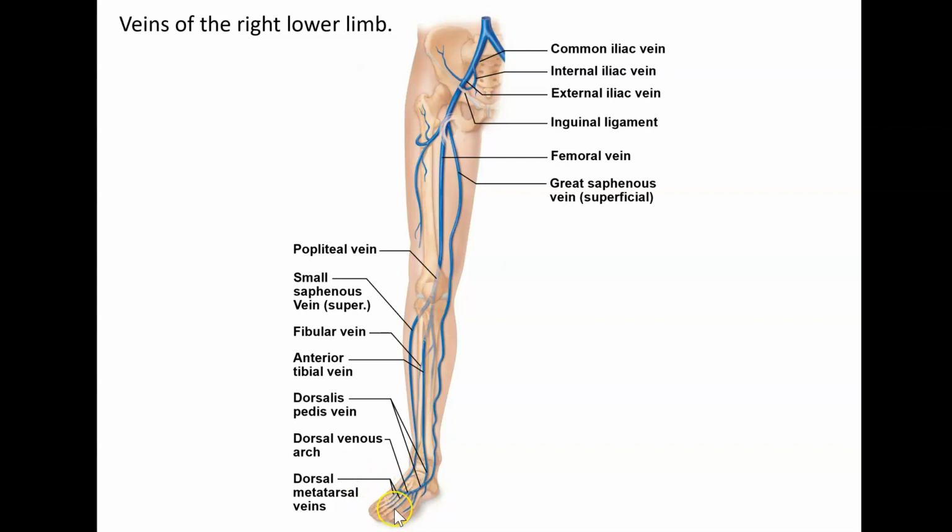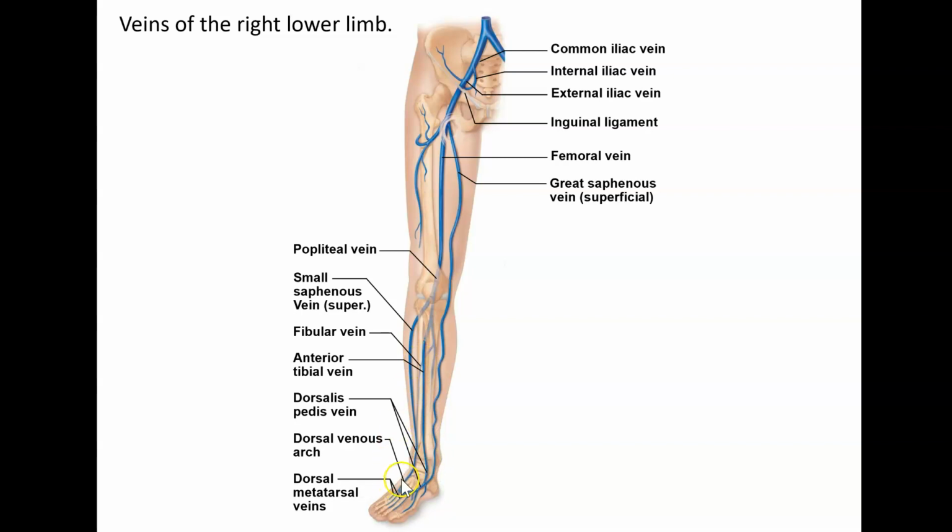We'll start distally. You could see that we have our dorsal venous arch that I mentioned to some of you in lab. If you are barefoot and look at the top of your foot, you should be able to see this dorsal venous arch. We'll first start discussing the deeper veins. So we are going to drain into the dorsalis pedis vein, which will then drain into the anterior tibial vein.